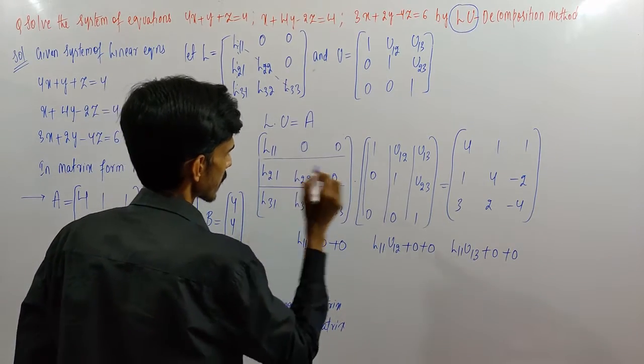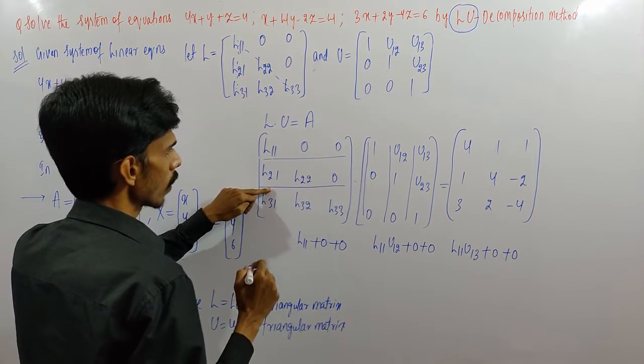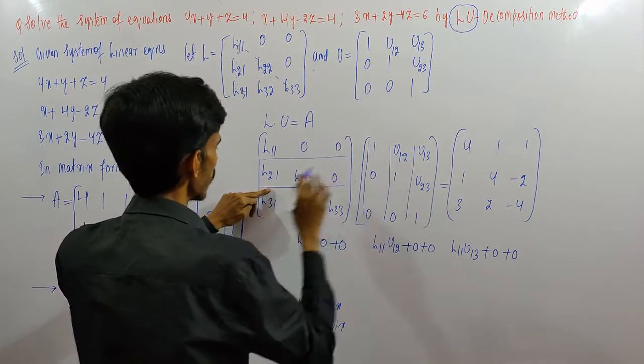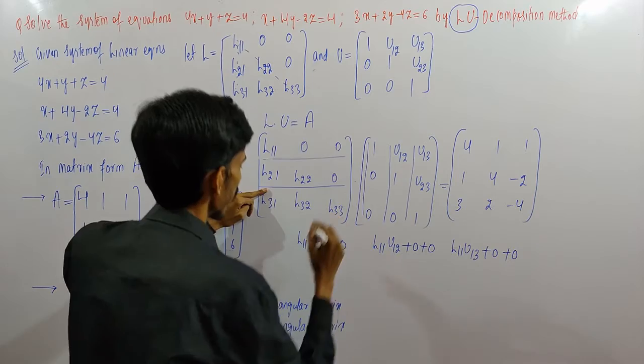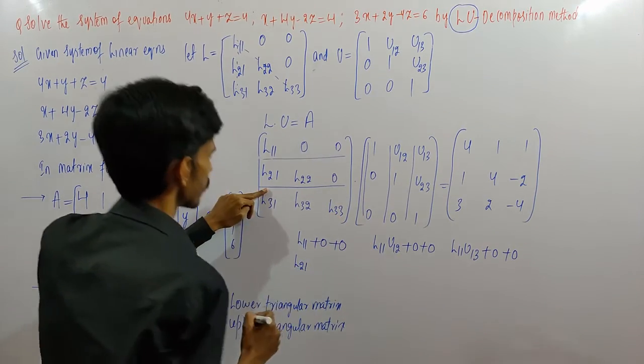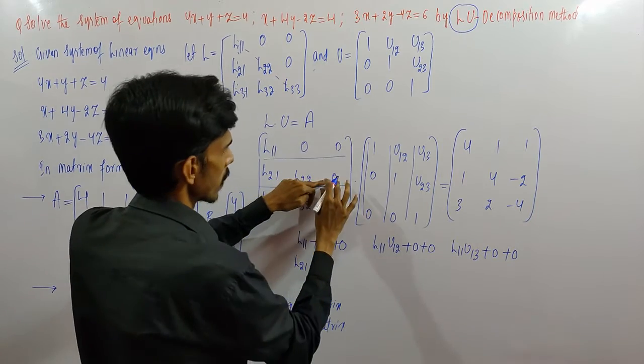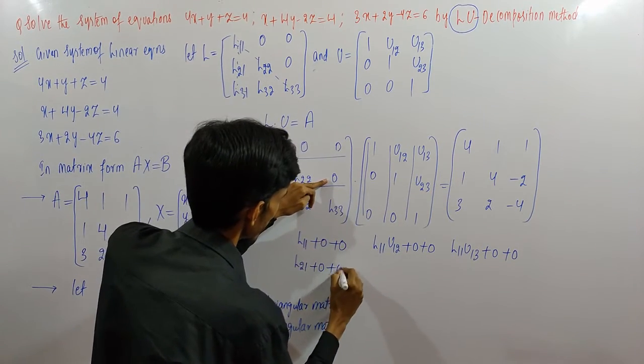Now we will take the second row with the first column. So L21 into 1 is L21, L22 into 0 is 0, 0 into 0 is 0.